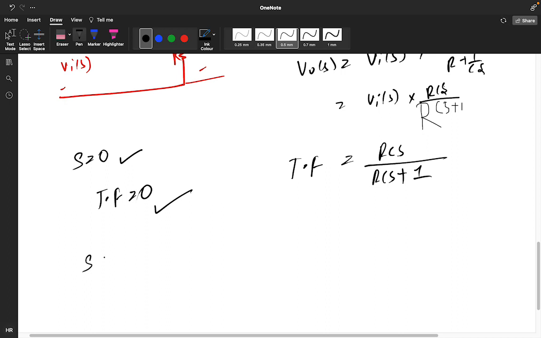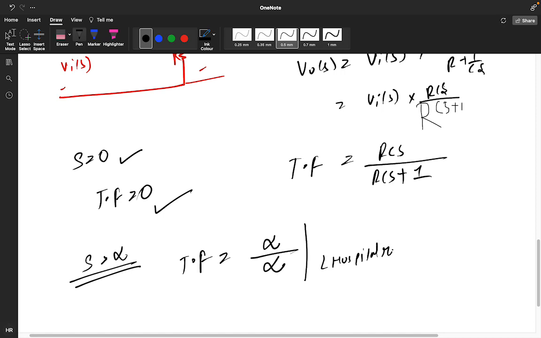But at S equal to infinite, if you are putting it, you are getting what? Infinite upon infinite, right? Yes, sir. Infinite upon infinite. So for this we'll use L'Hospital's rule. We'll study this in maths also.